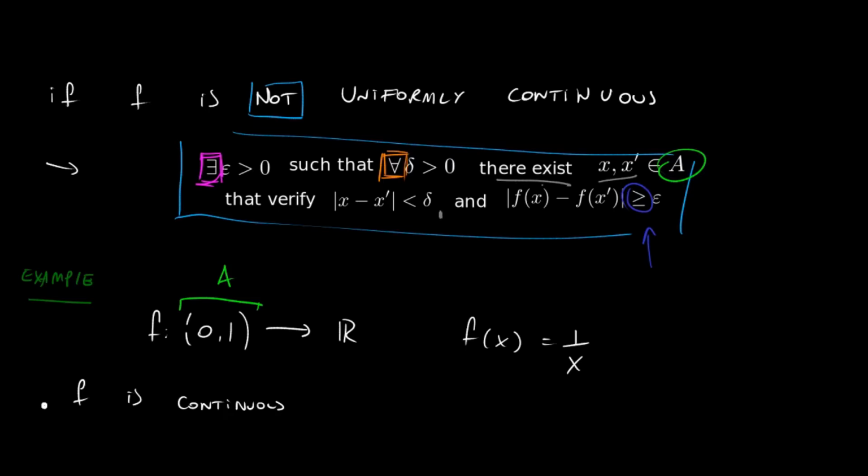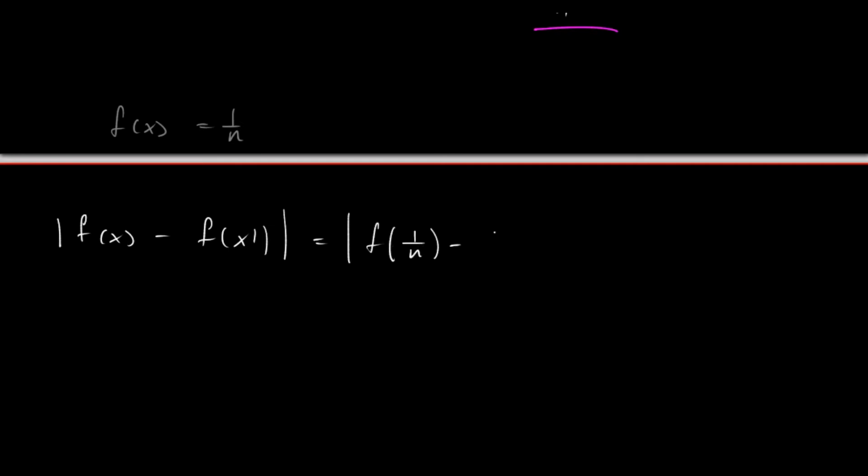We now have to see the function. The absolute value of f of x minus f of x prime. Remember that we had defined f of x to be 1 over x, so f of x is 1 over 1 over n, minus, x prime was 1 over 2n. Then using the definition of our function, f of 1 over n is n, and f of 1 over 2n is 2n.